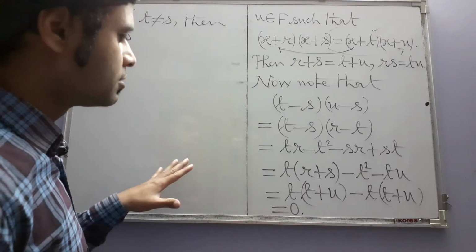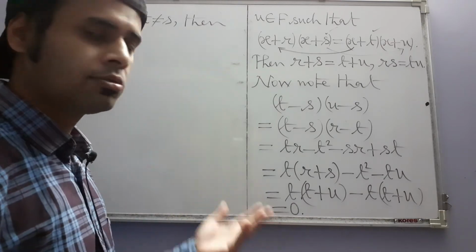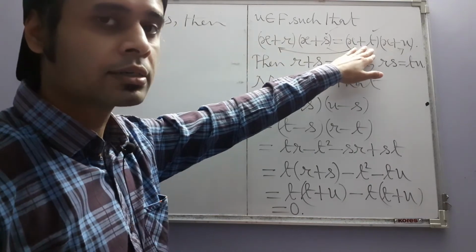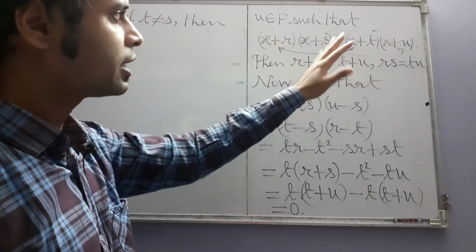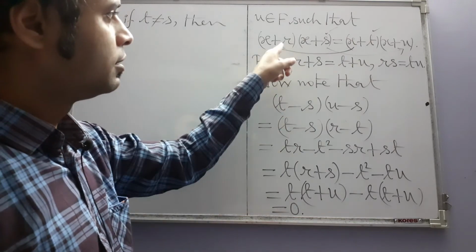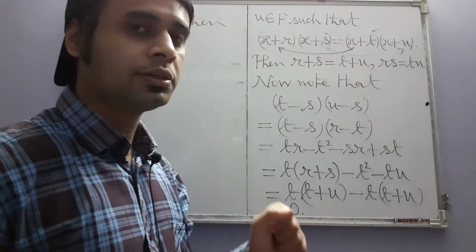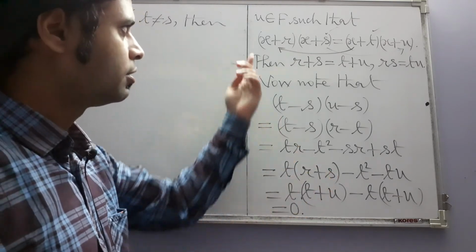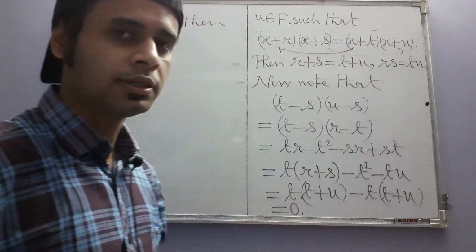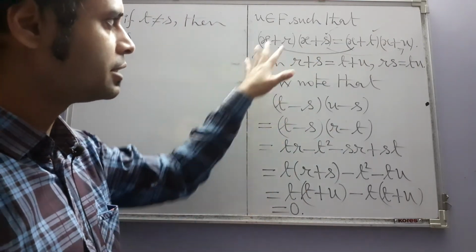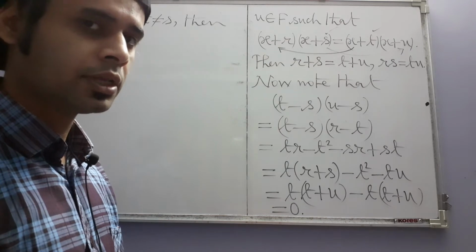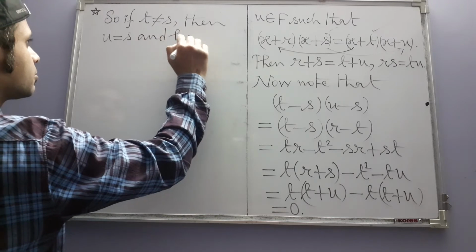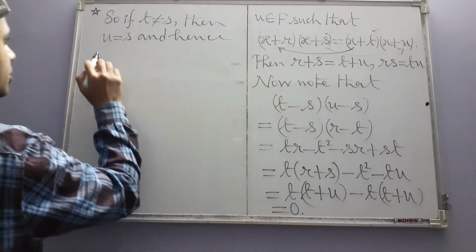So whatever R, S, T and U you are choosing so that these two products are equal, you cannot make them something different. R and S must be T and U in some order. Either it's just R is T and S is U, or R is U and S is T. There is no other choice, because otherwise these two things will not be the same, and hence R is equal to T.